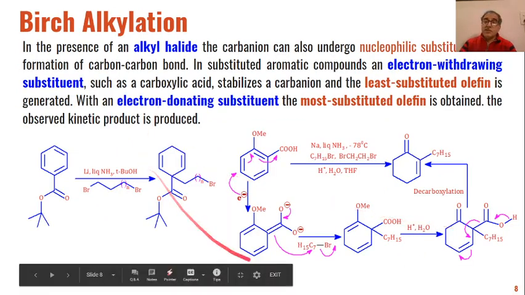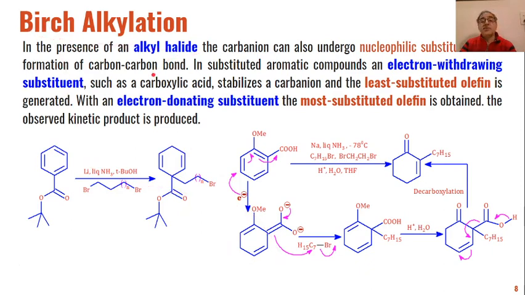Then the mechanism for Birch alkylation: as I have told you, in presence of an alkyl halide, the carbanion which is formed during the Birch reduction undergoes a nucleophilic substitution reaction to form a new carbon-carbon bond. And this new bond formation is called Birch alkylation in this case.